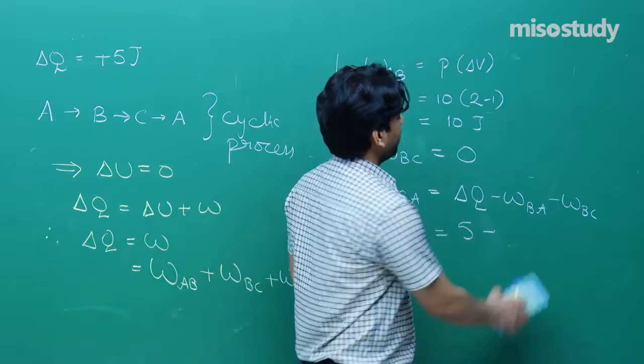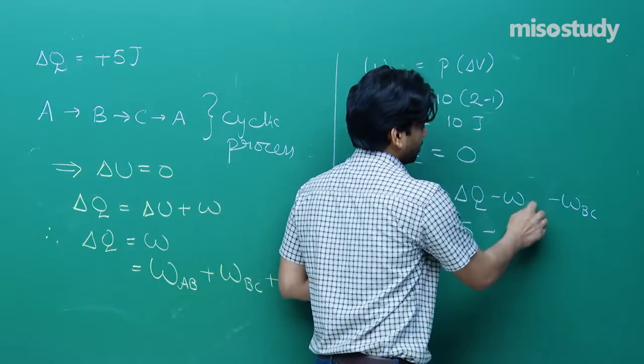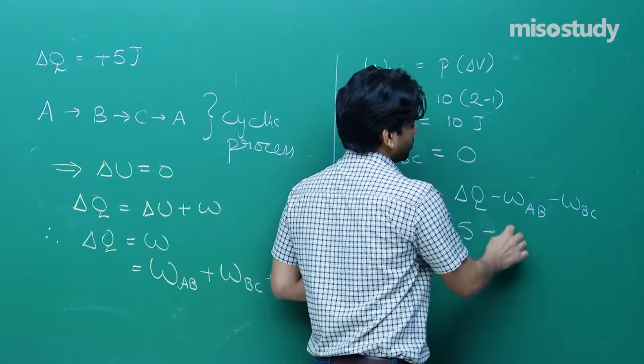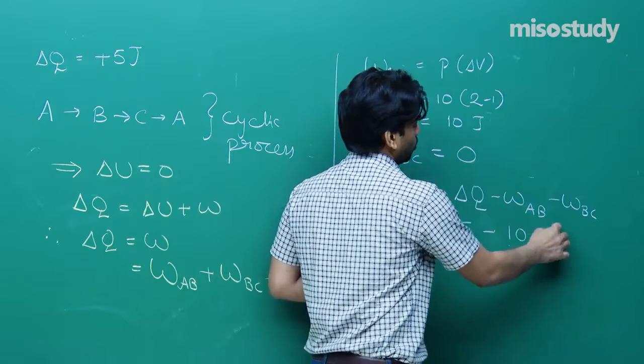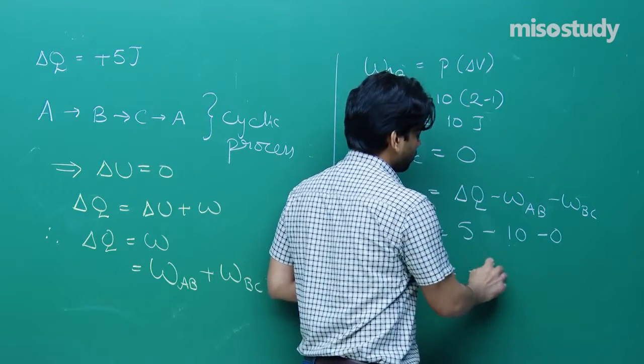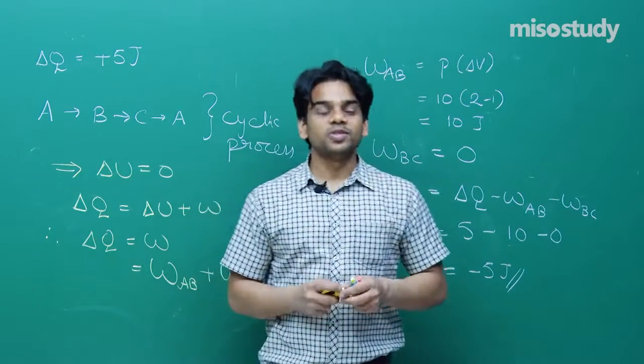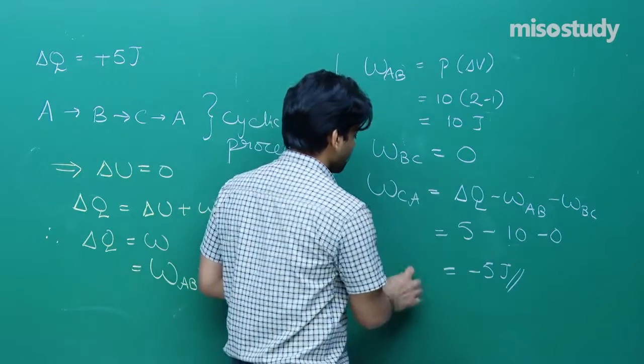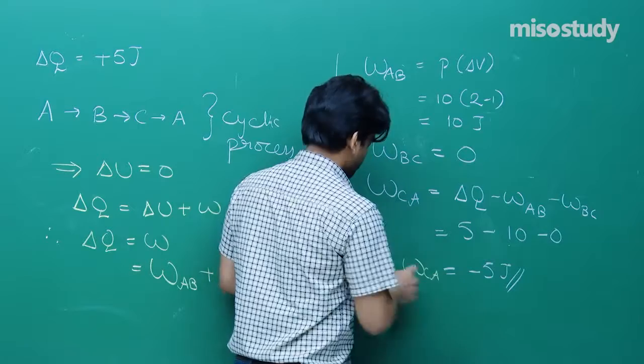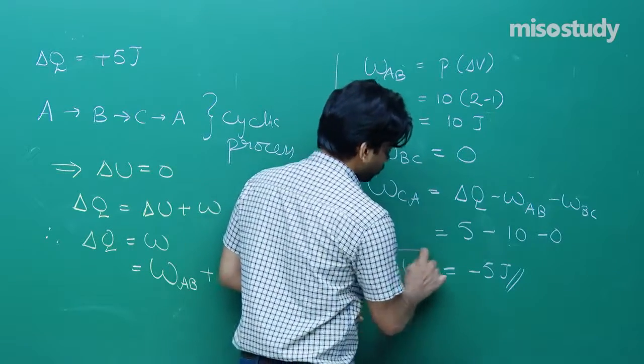This is not BA, this is AB. I have written BA, but it is AB. So this is 10 and this is 0, which will come out to be minus 5 joules. That is, work done from C to A is minus 5 joules.